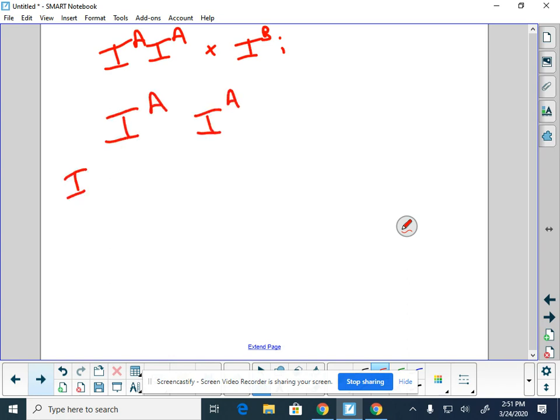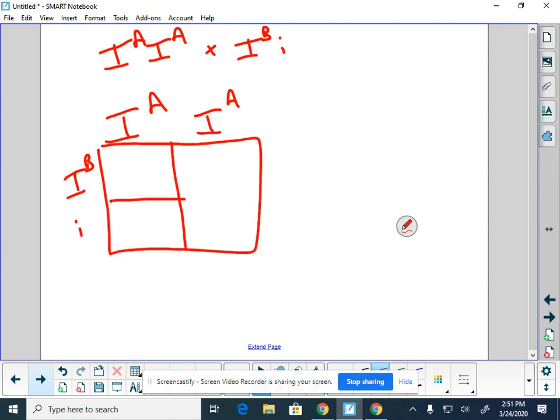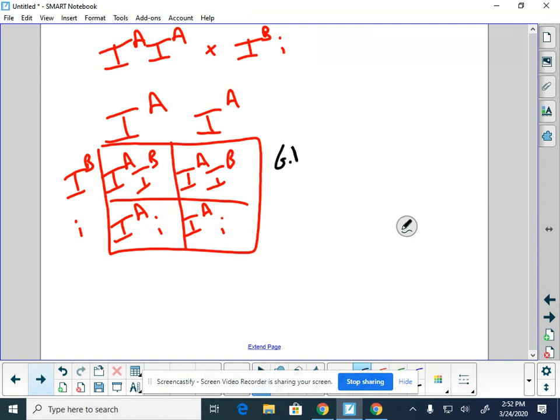The superscripts just stay with the capital I. And the children would be I^A I^B, I^A I^B, I^A i, and I^A i. So, genotypic ratio. We've got 2/4 are I^A I^B, and 2/4 are I^A i.